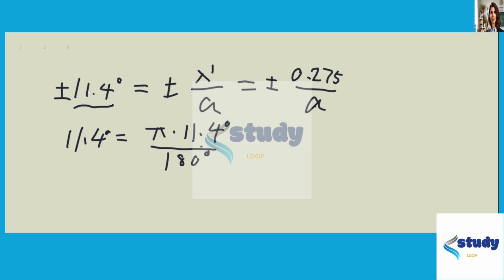We plug it in, and it equals lambda prime divided by A. So this will be the equation we want to solve.